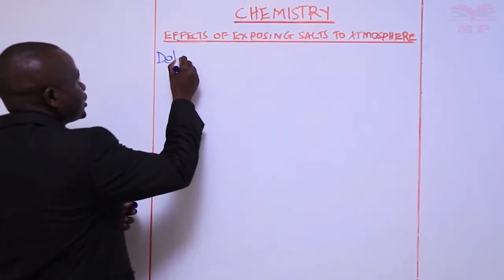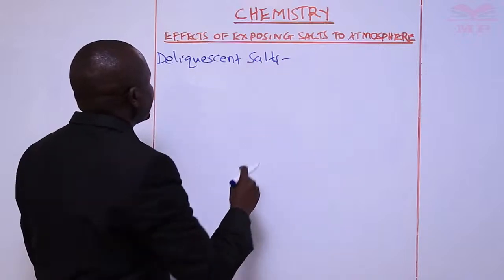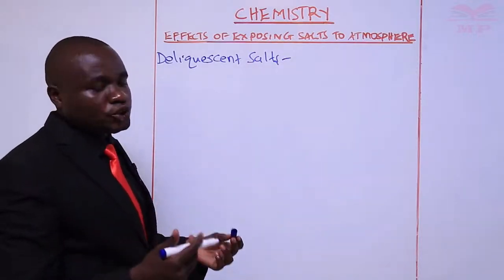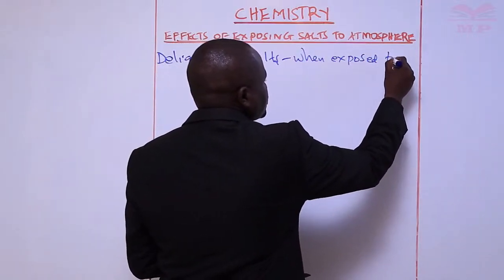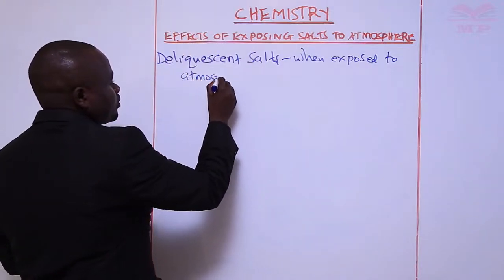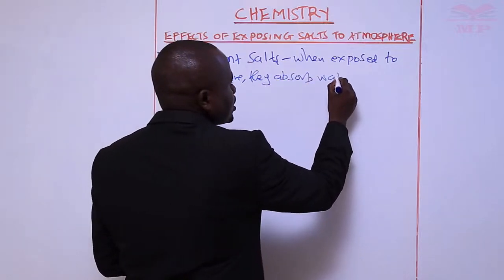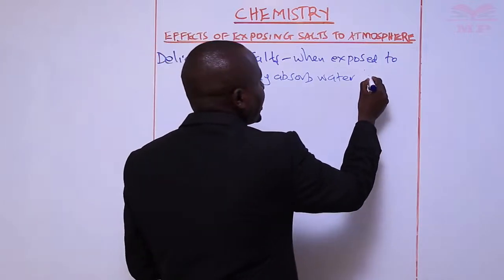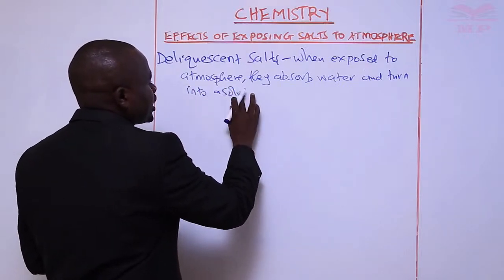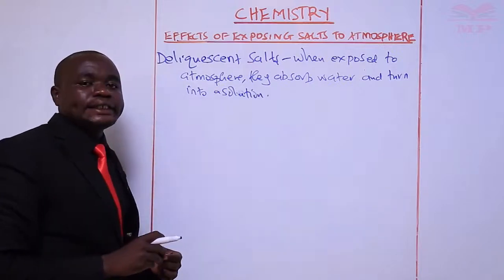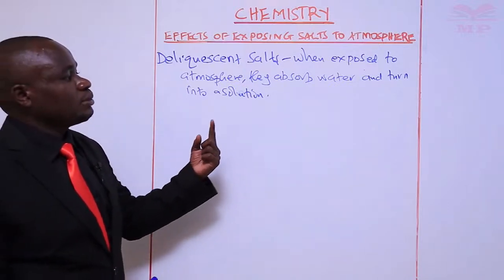So we are saying deliquescent salts are salts which, when exposed to the atmosphere, absorb water vapor or moisture for that matter and turn into a solution.